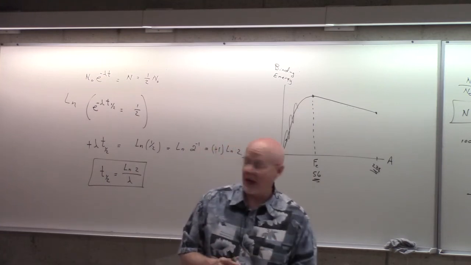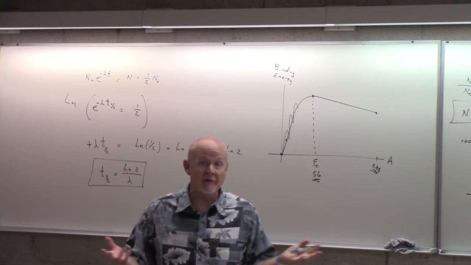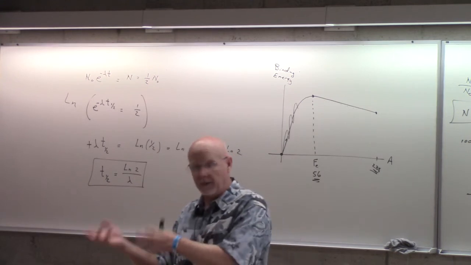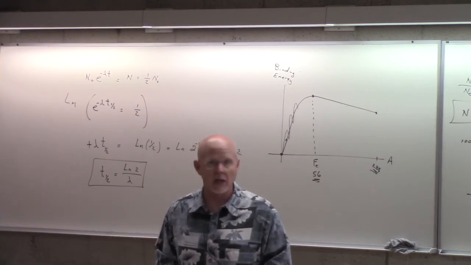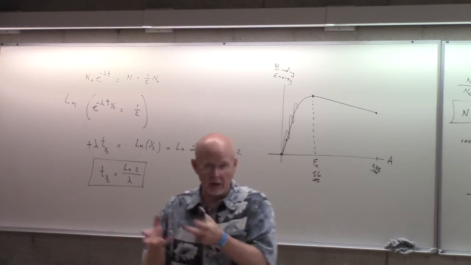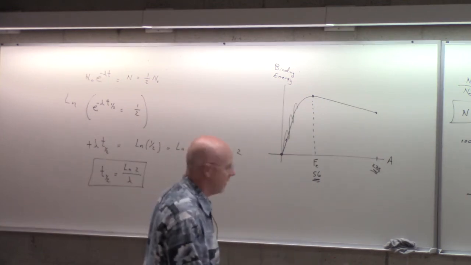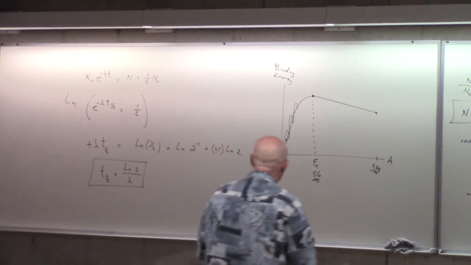In fact, uranium has an extremely long half-life, billions and billions of years. That's why we still have uranium around from the beginning of our solar system, because it takes so long. So is it unstable? Yes, but barely unstable. It takes billions of years for these things to decay.